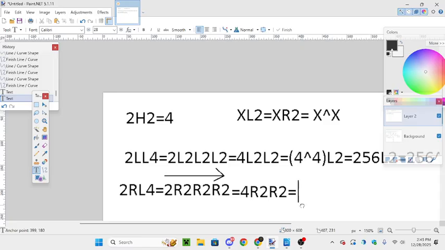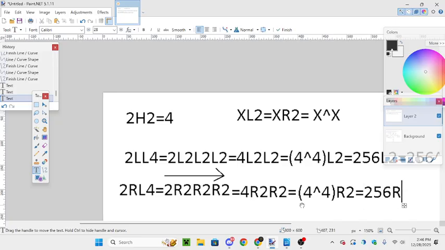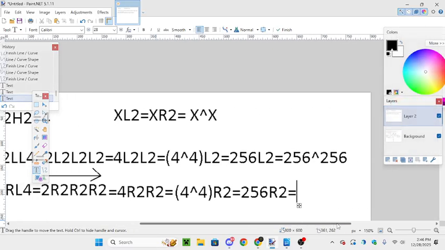And what this means is that 4 right tetrated to the 2 is equal to 4 to the power of 4, right tetrated to the 2, which is equal to 256 right tetrated to the 2, which is equal to 256 to the power of 256.